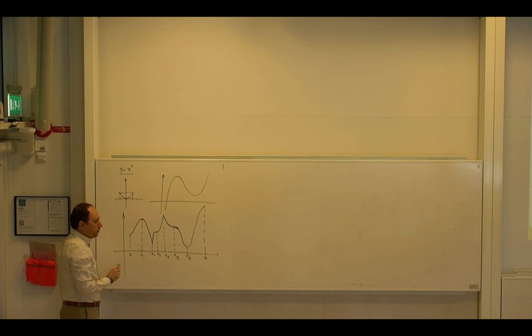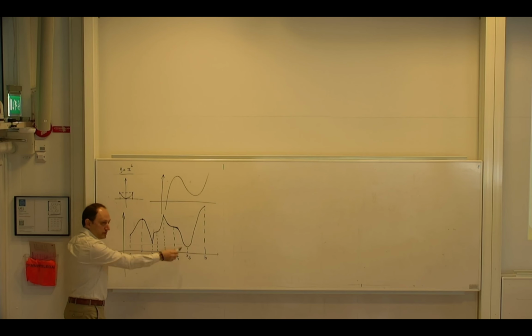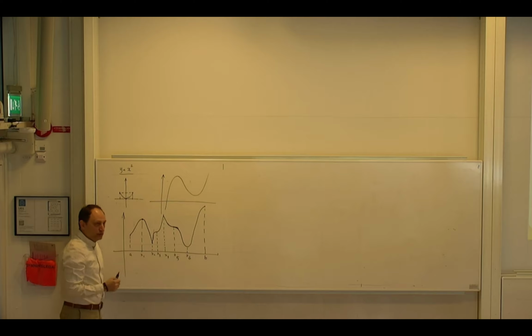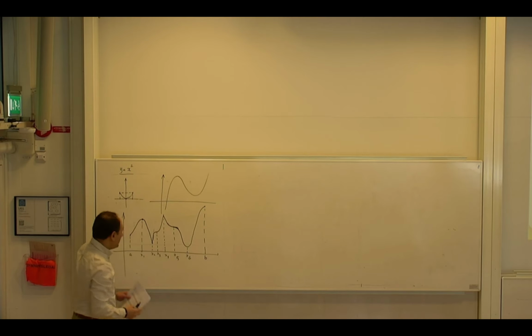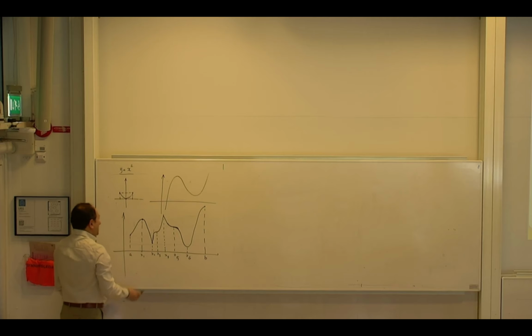Now the point is that you don't have access to the graph of the function. The formula of the function is given to you, and you want to calculate these points x1, x2, etc. So you want to determine them without having access to the graph of the function. If I want to look for this point on the graph, it is pointless to look everywhere.